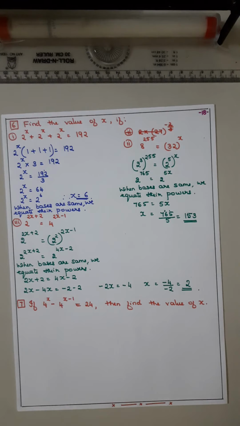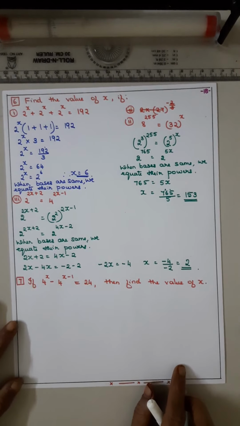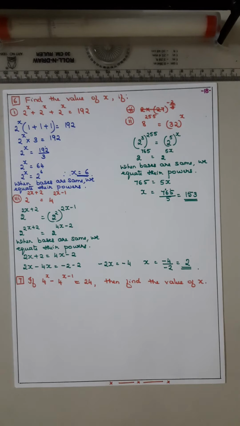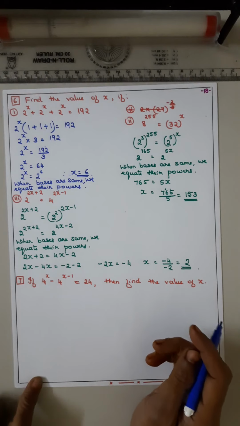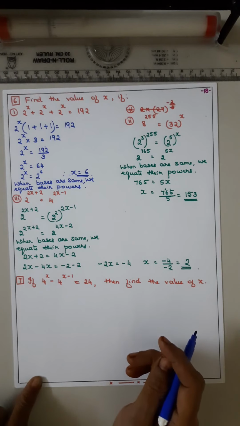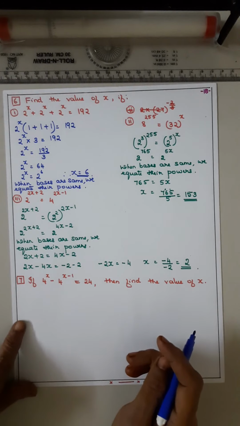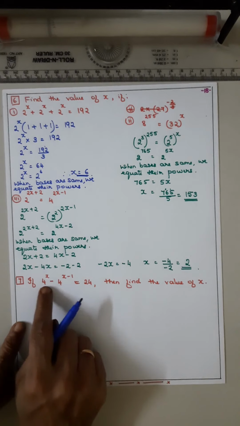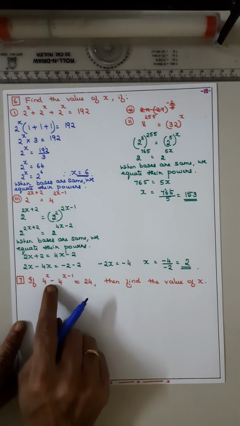Clear? Now coming to the seventh sum: 4 to the power x minus 4 to the power x minus 1 is equal to 24. See here the bases are same, but in between a minus sign is there.